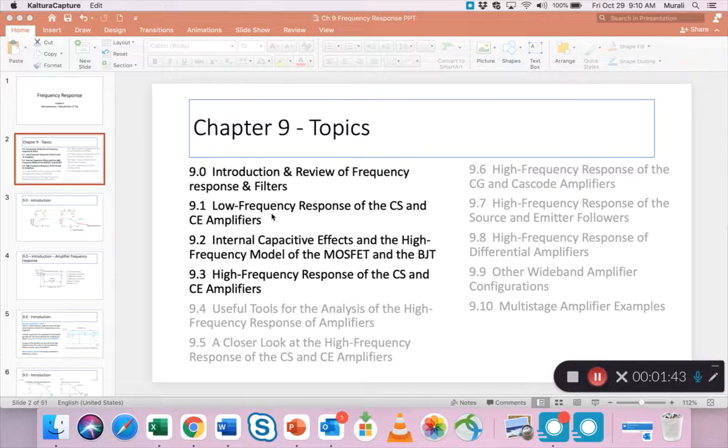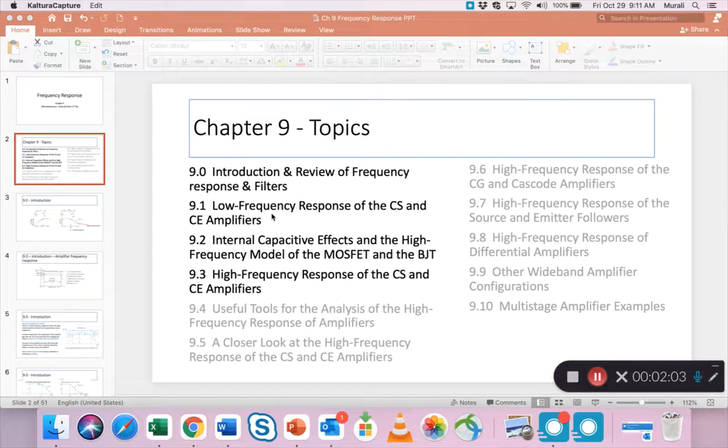So we studied all that, and we also found some formulas to determine the size of the capacitors, the coupling capacitor and the bypass, depending on where you want your cutoff frequency to lie, right?